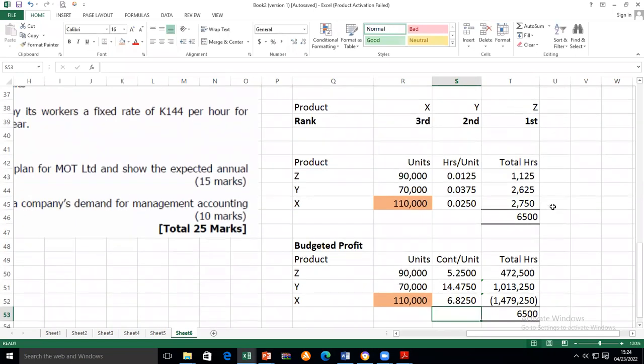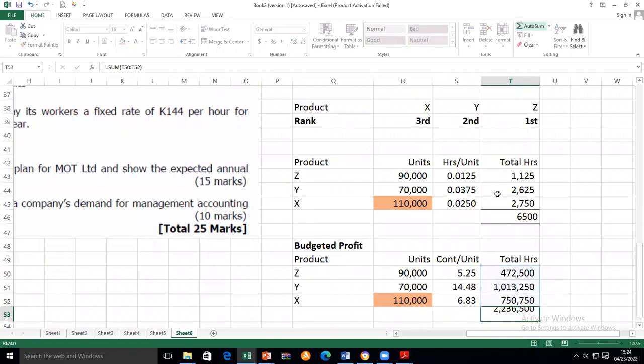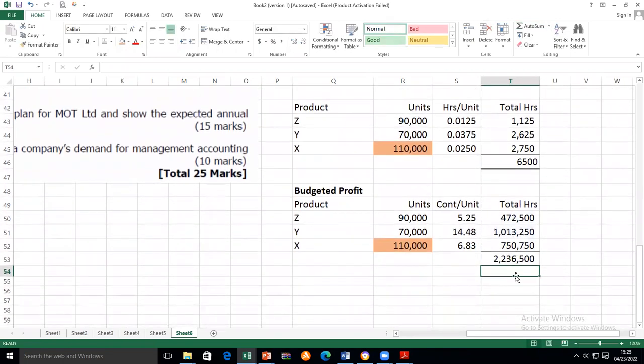So these are the contributions. Okay. So we go. What's the total here? So this is the total contribution.